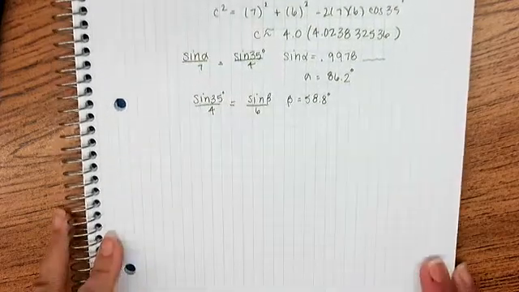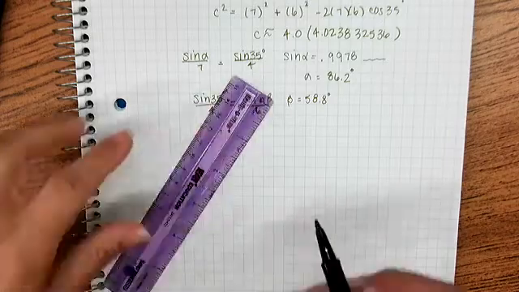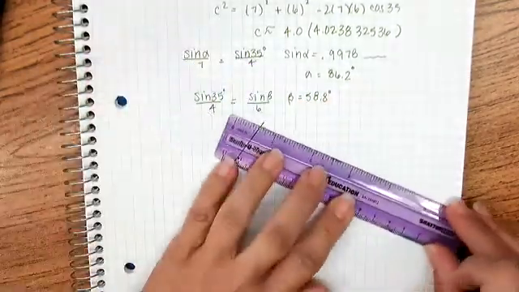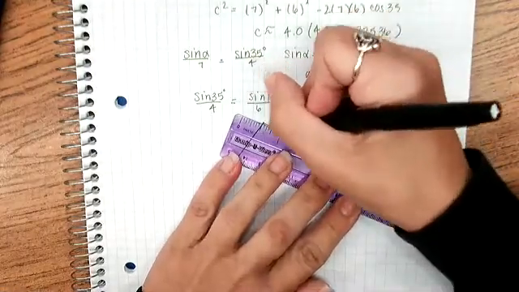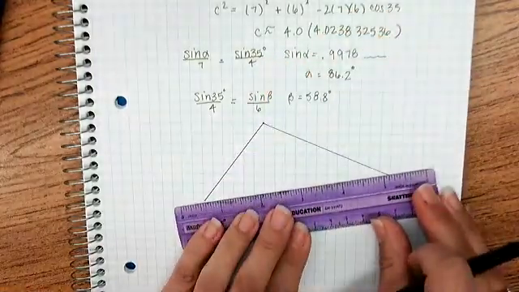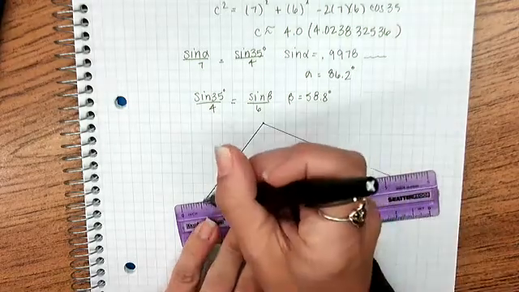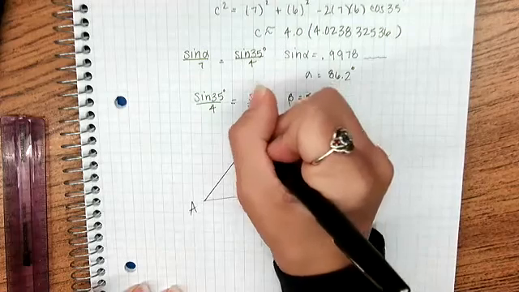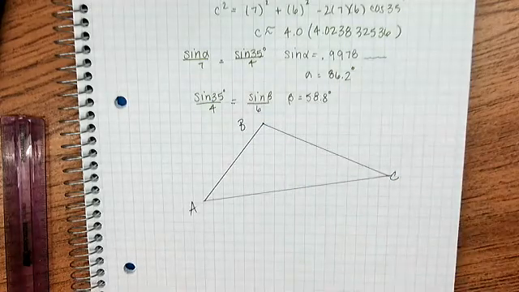So for these first two examples, it was pretty much just a plug-in. What happens when you have 3 sides and you need to use the law of cosines? Okay, ABC, because we're so creative.